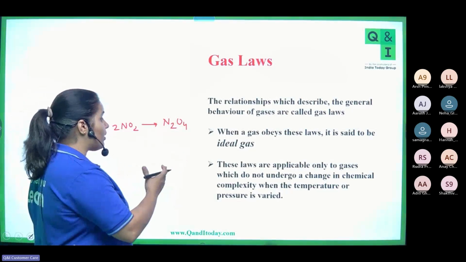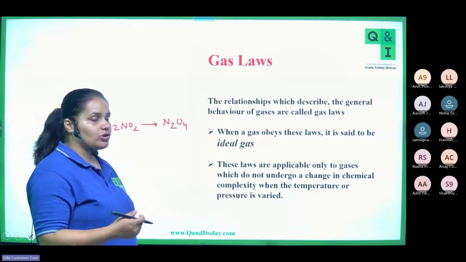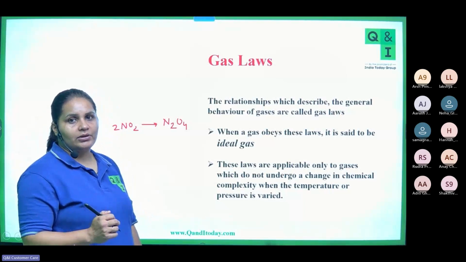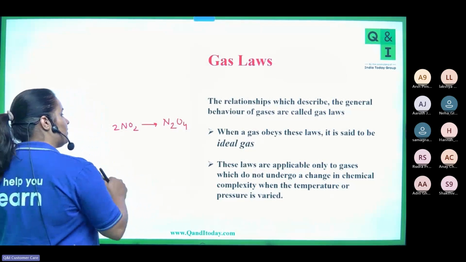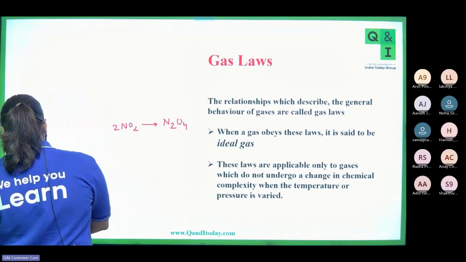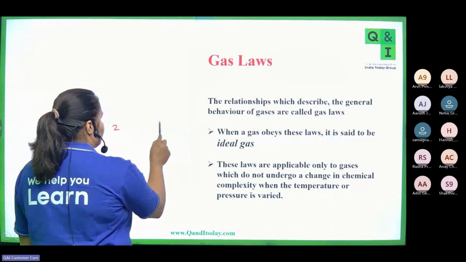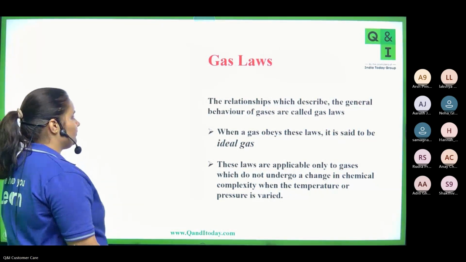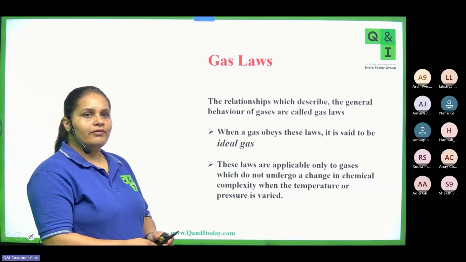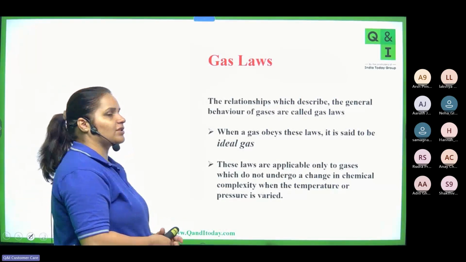It should not undergo any chemical change by changing the physical quantity like temperature or pressure. Then this law won't be applicable. So there should not be any chemical change going on when the temperature is varied. Am I clear? Fine. So note down these points. Then we will see one by one all the gas laws.